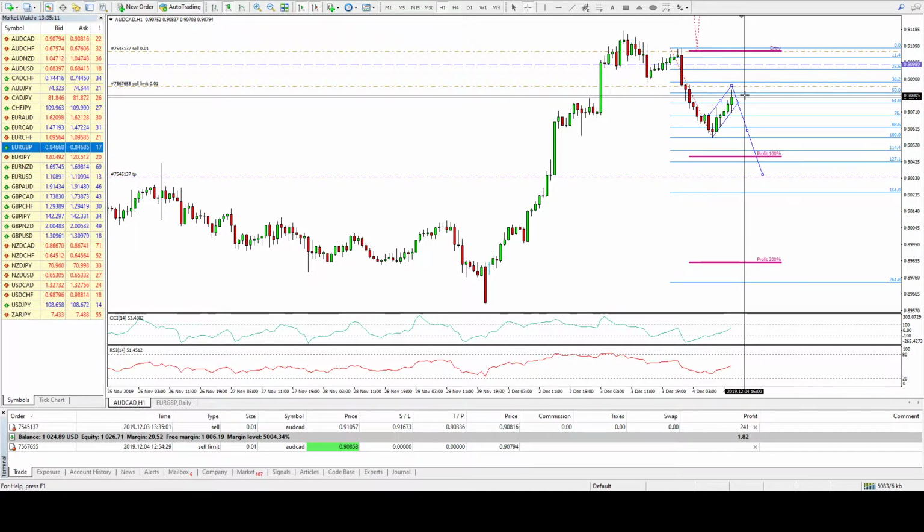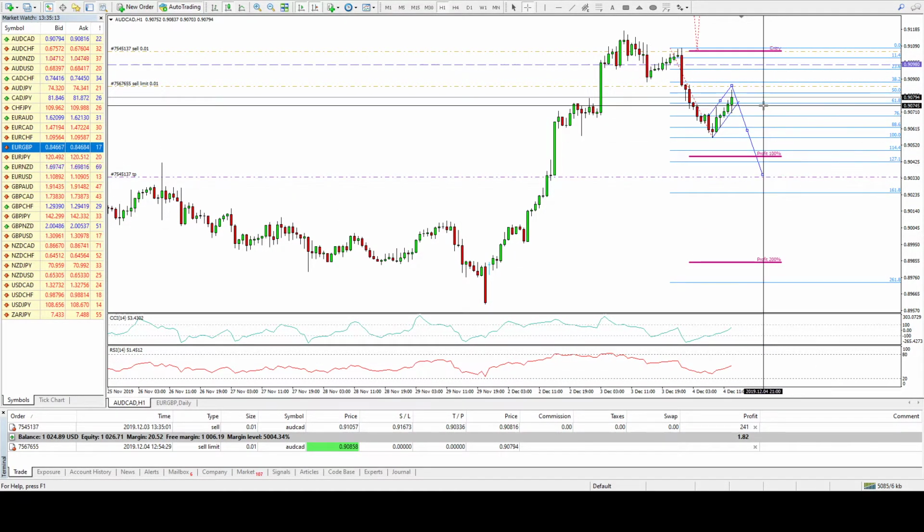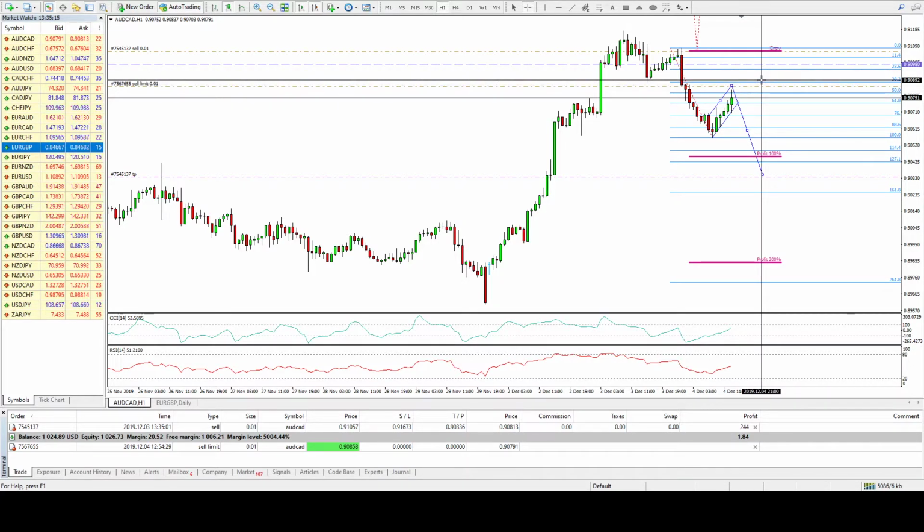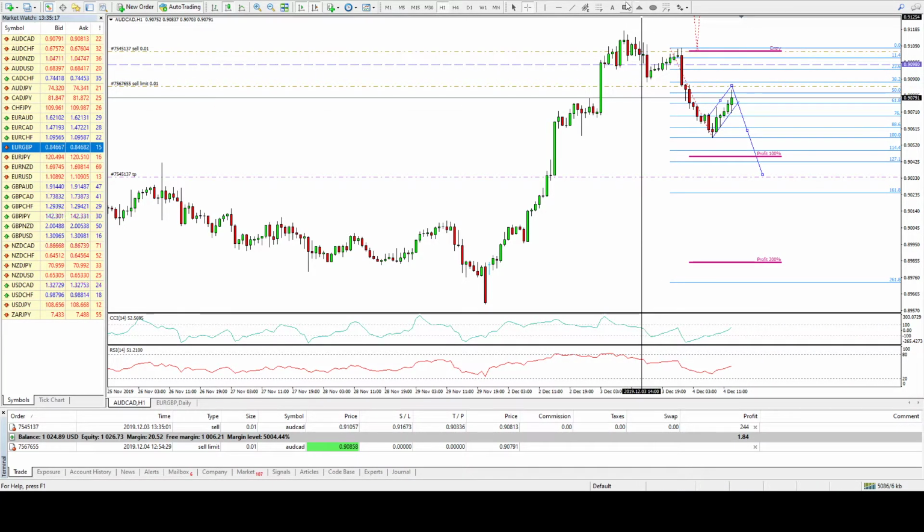It's pulling back right now. I was hoping that it reach this area right here. I wanted to reach this area, and there's a possibility it comes back and reach it.